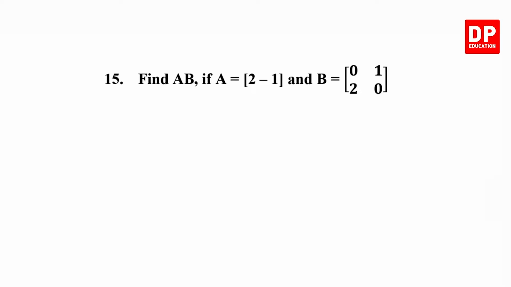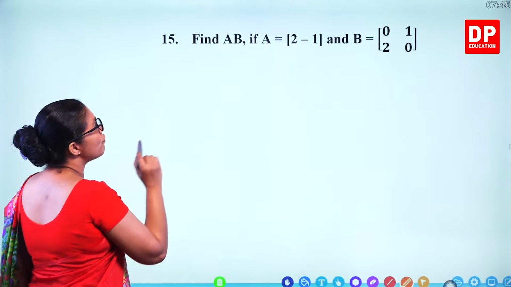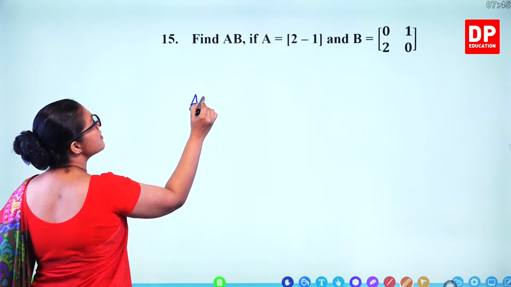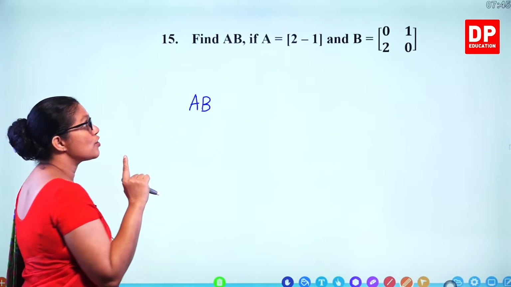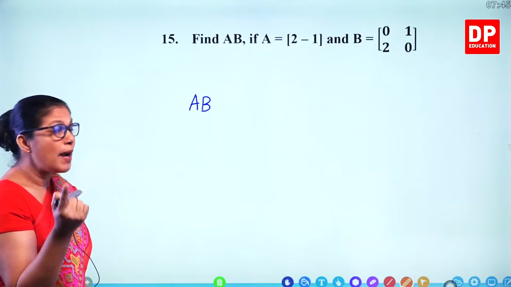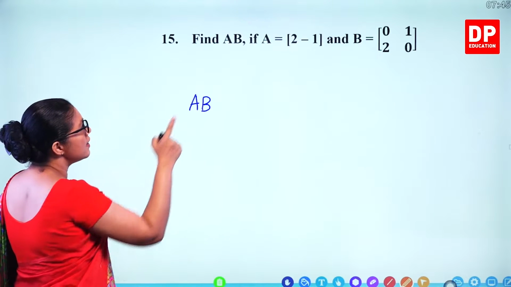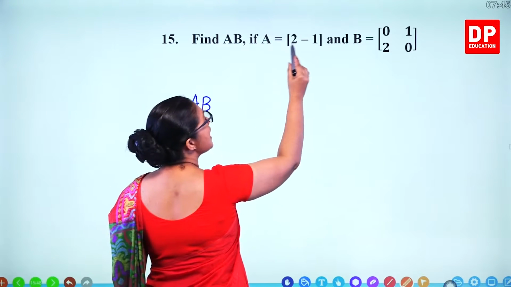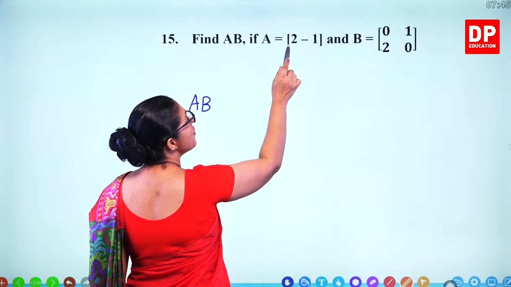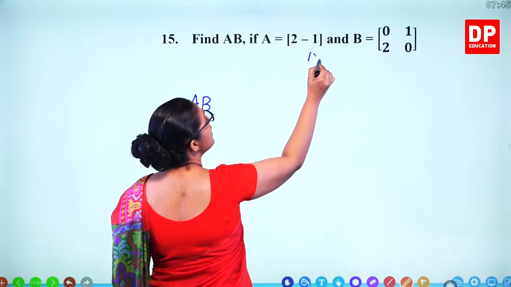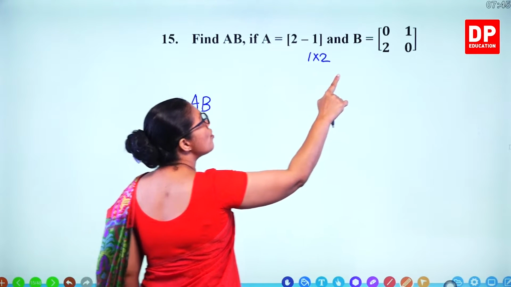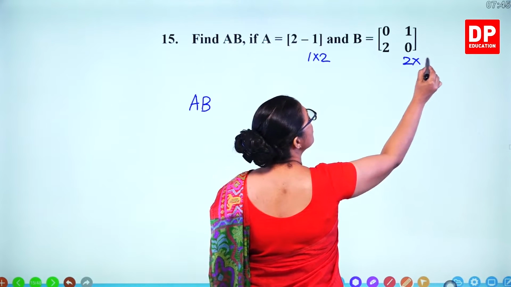Question number 15, matrices. So you have to find out the matrix AB. That's multiplication. First you have to check whether you can multiply. How do you do that? You have to find out the size of the matrix. So this is 1 row, 2 columns, 1 by 2. This is 2 rows and 2 columns, 2 by 2.